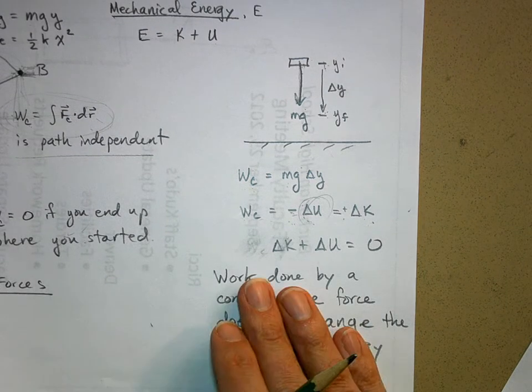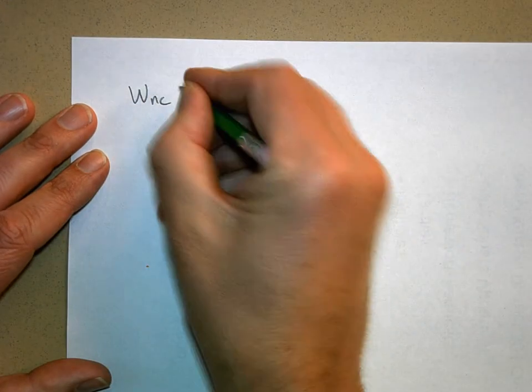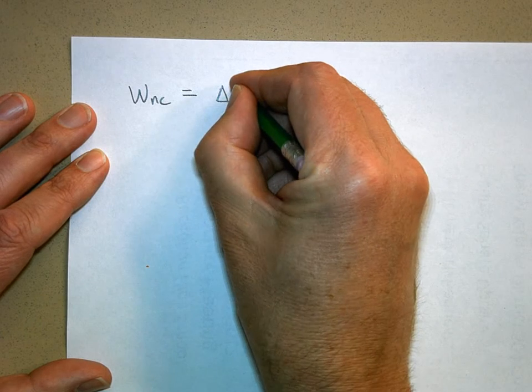Okay, here's that equation. What a non-conservative force does is this: the work done by a non-conservative force is going to be equal to the change in mechanical energy of your system.